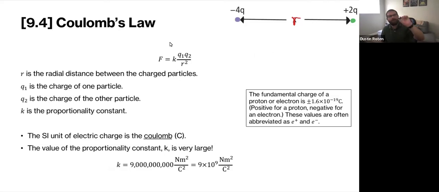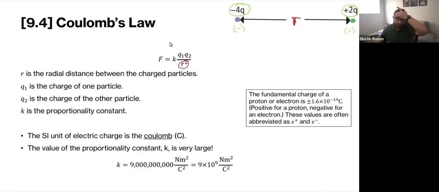Now we have the charge on the two particles. This one looks like it's negative 4q. We don't know what q is yet, and that's totally fine. This one's positive 2q. So we have two differences here. We have a negative 1, so probably made up by electrons, and we have positive 1 made up by protons.